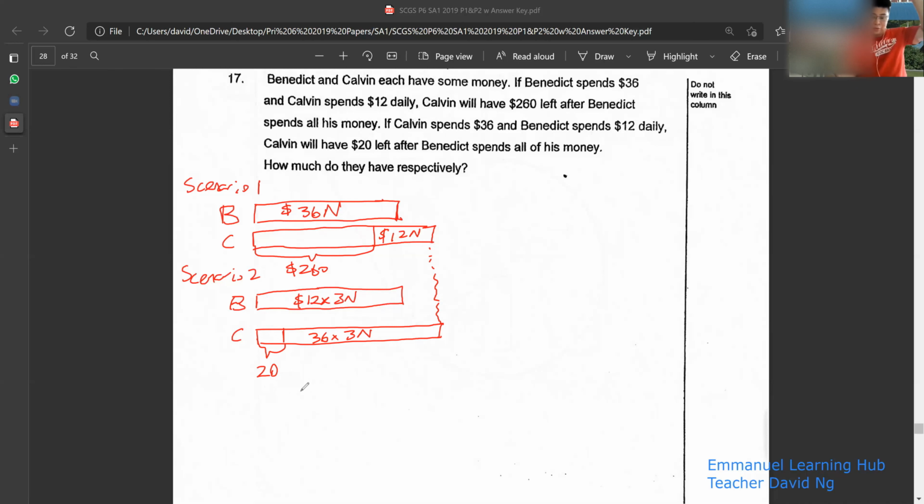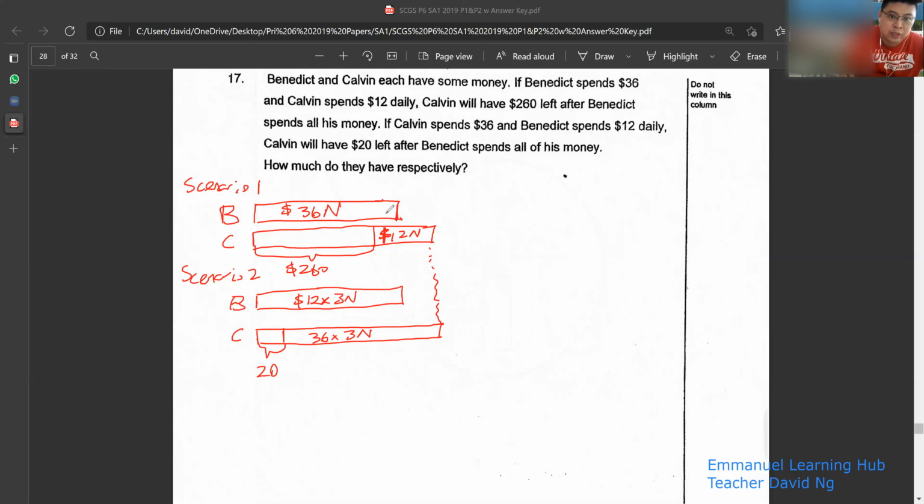You understand the model? Okay, let us check the model. See if the model makes sense to you. Benedict and Calvin each have some money. You're not sure how much. If Benedict spent $36 per day, altogether he has 36N.